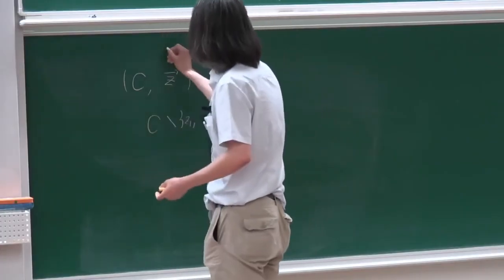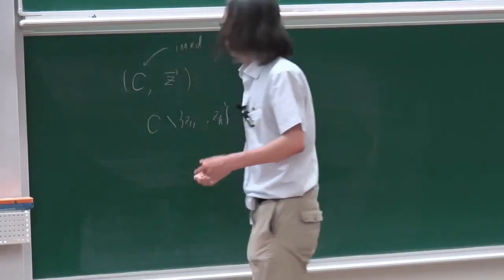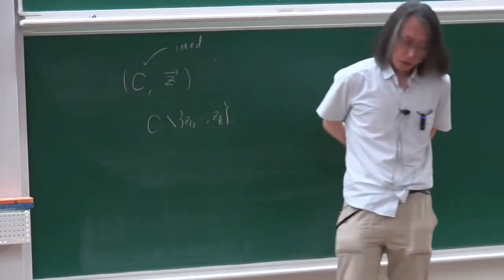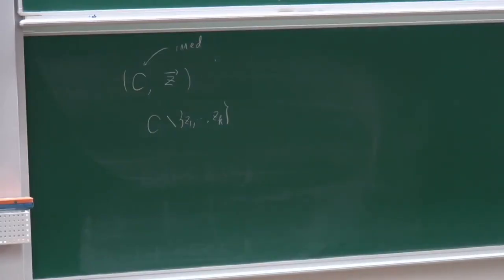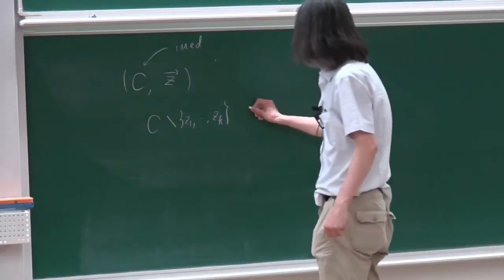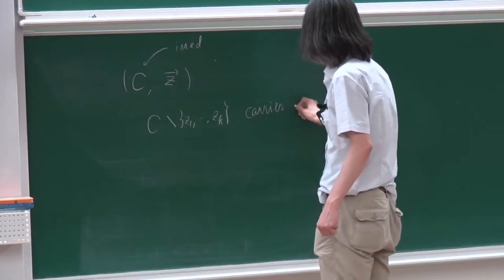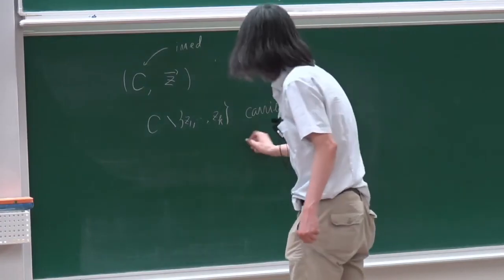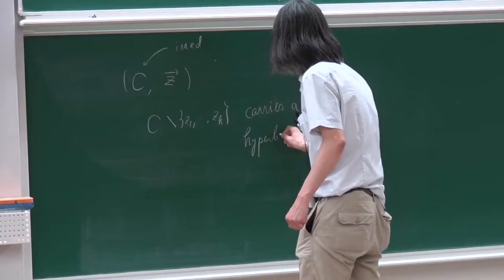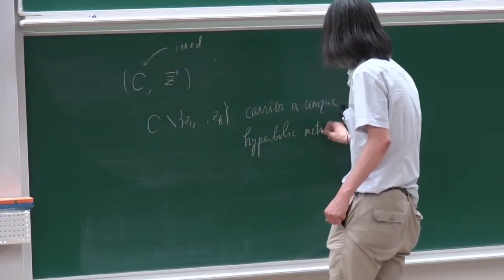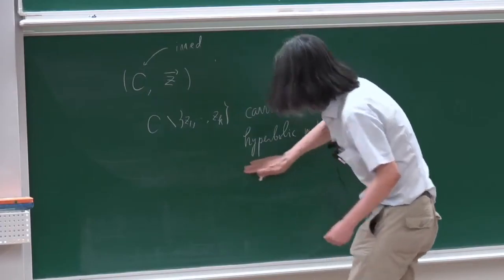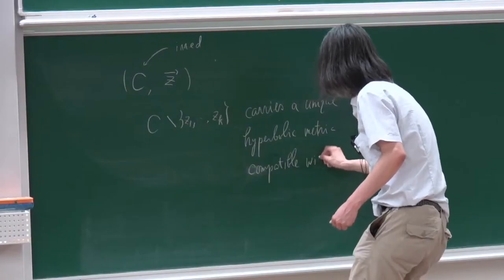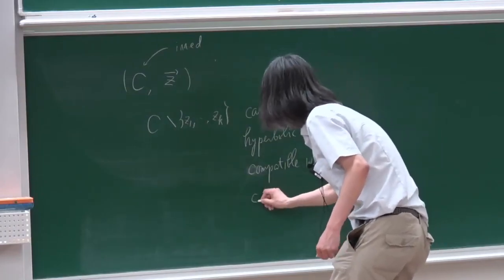Let's suppose that C is an irreducible curve, and then remove those points. Then the Euler characteristic of this becomes negative, and therefore it carries a unique hyperbolic metric, conformal to, compatible with, the complex structure.